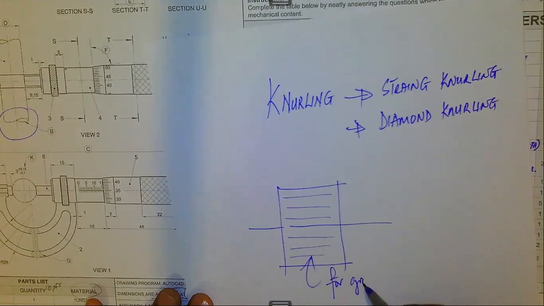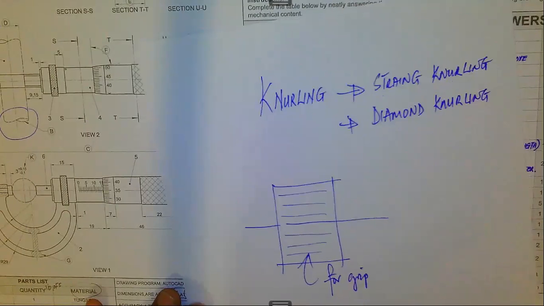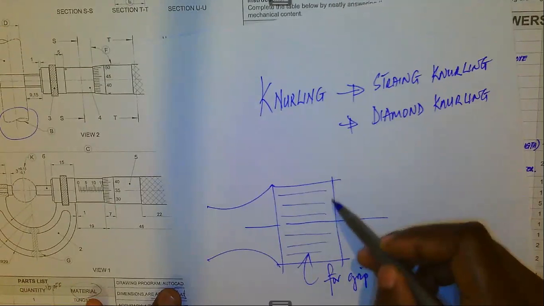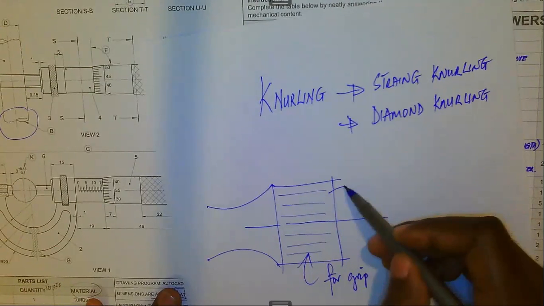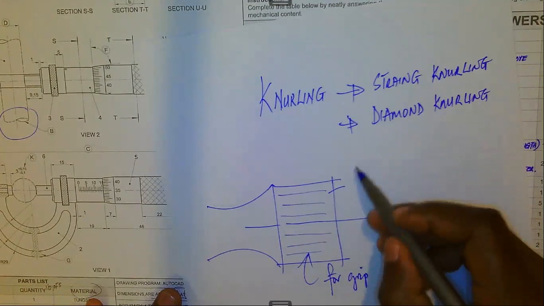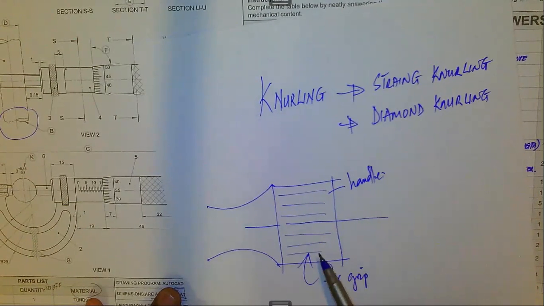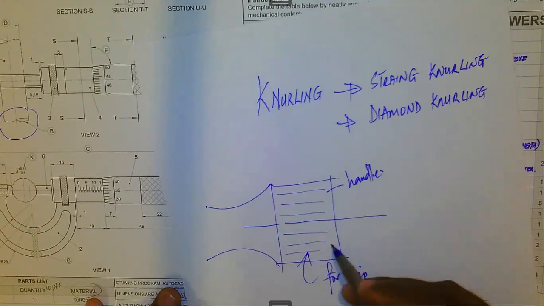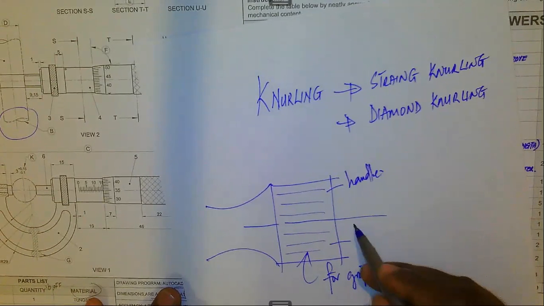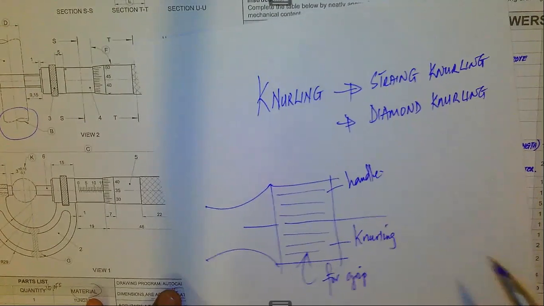So this one is basically the handle. When we create grooves on the handle like that, this is what we refer to as nailing.